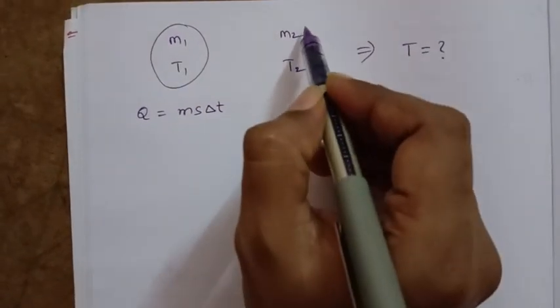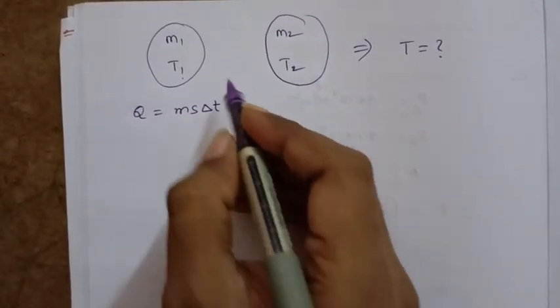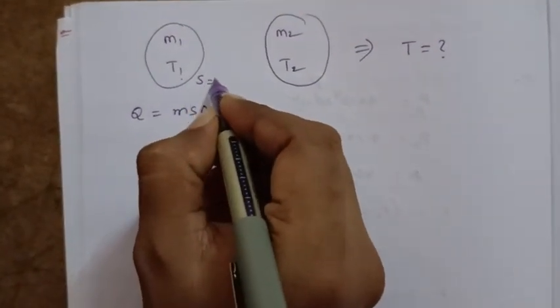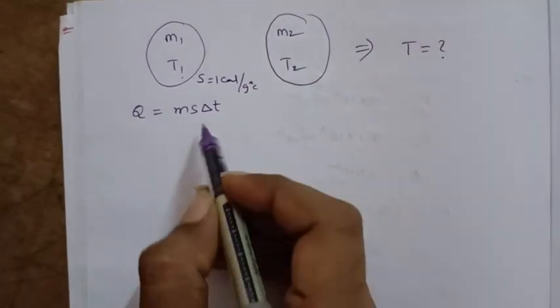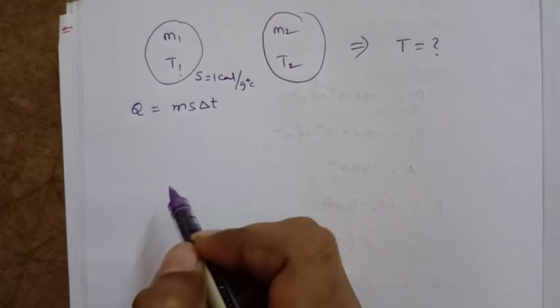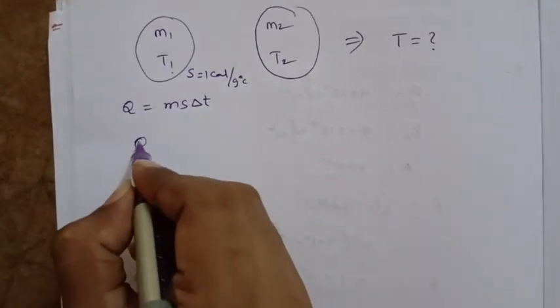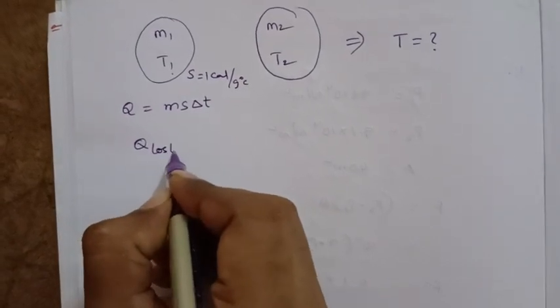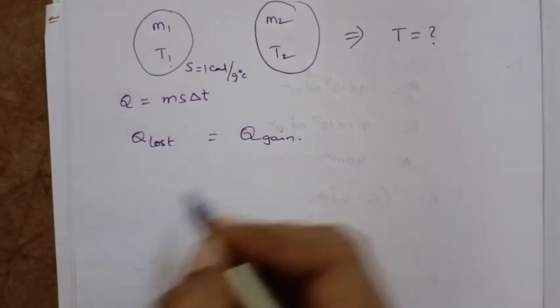If we consider both are water, whose specific heat is 1 calorie per gram degree Celsius, we need not substitute the specific heat value. So Q lost by hot body equal to Q gained by cold body.